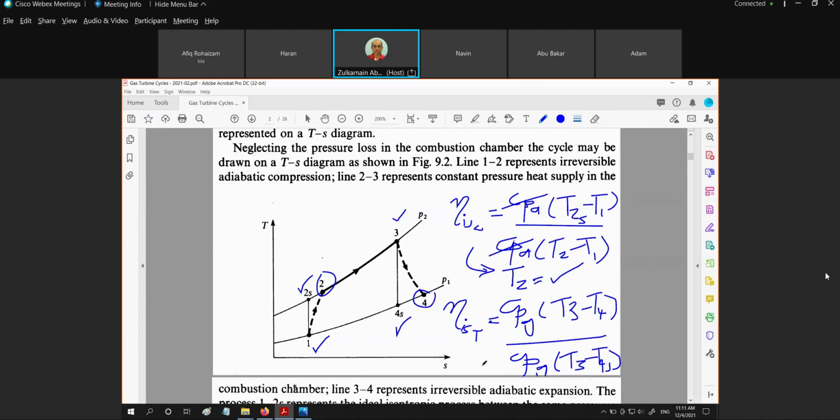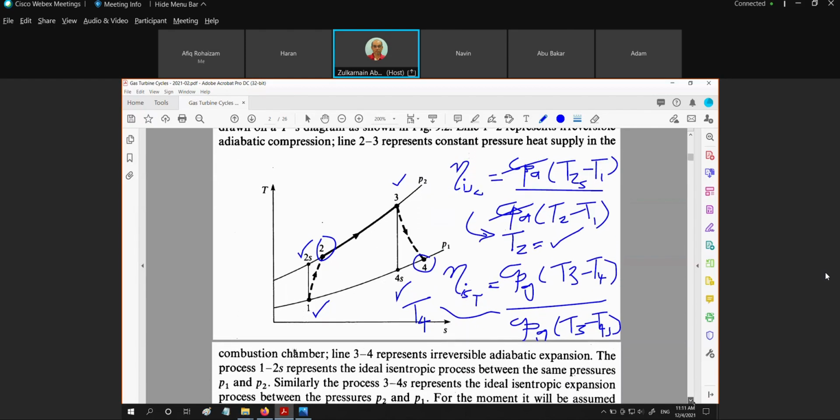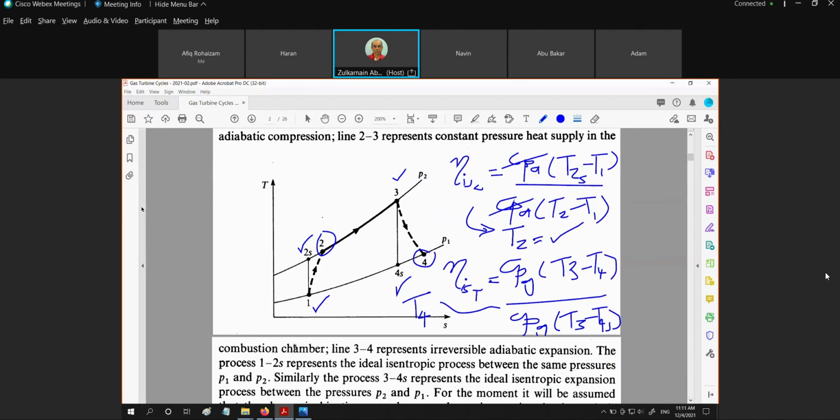From this particular equation, we are going to solve for T4. So this is not an ideal Brayton cycle, whereby we are looking at the losses of the compression and also the expansion process. As far as W net is concerned, W net is W34 minus W12.